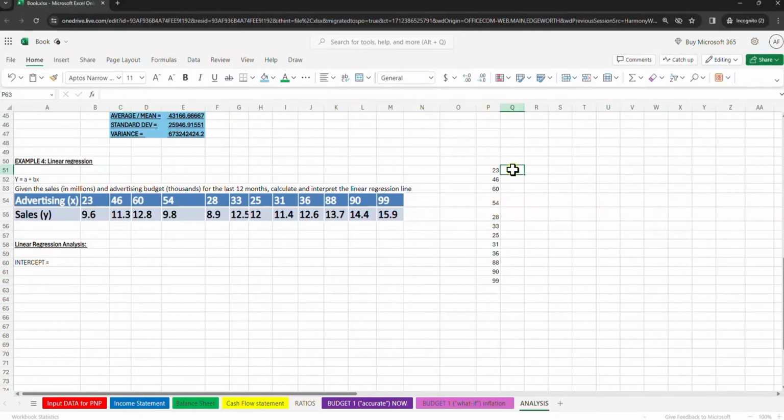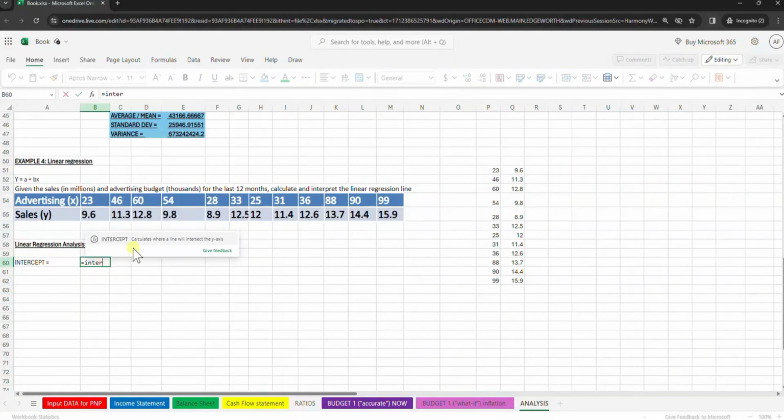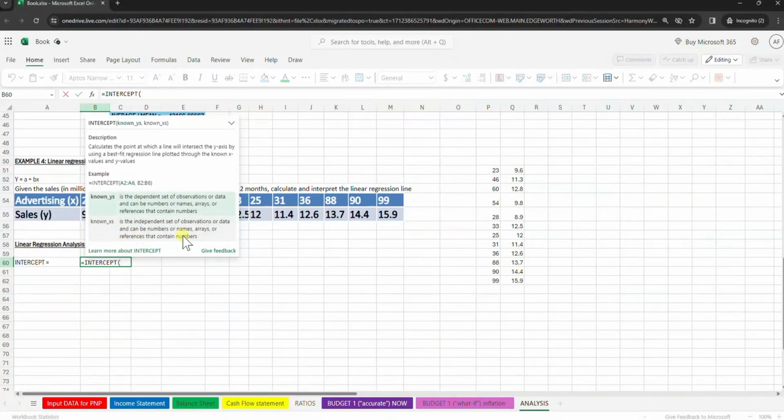And then on this side, 9.6. All right, let's go intercepts.